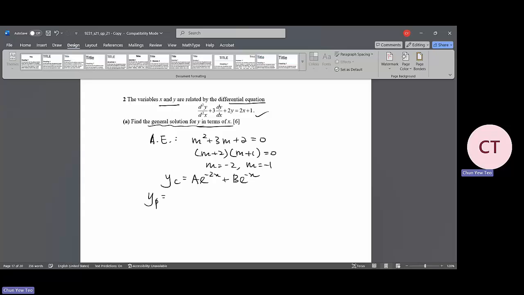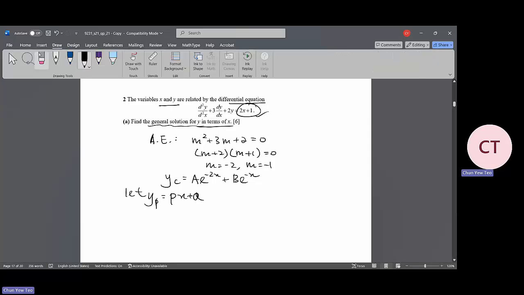For the particular integral, we let yp equal to, this is linear, so the general form for linear will be px plus q. So you will have yp prime, which is p, and yp double prime is 0. So you just replace them inside the equation.